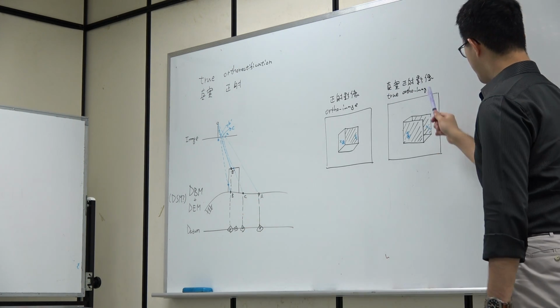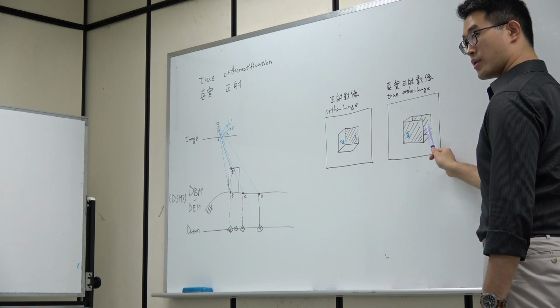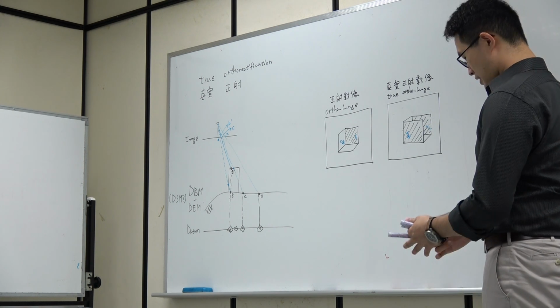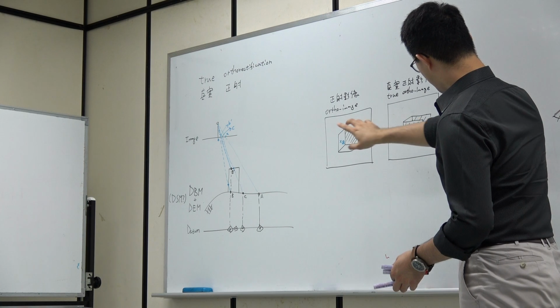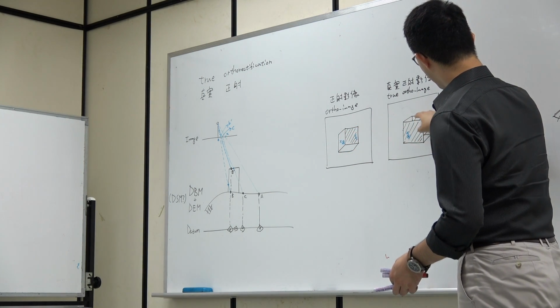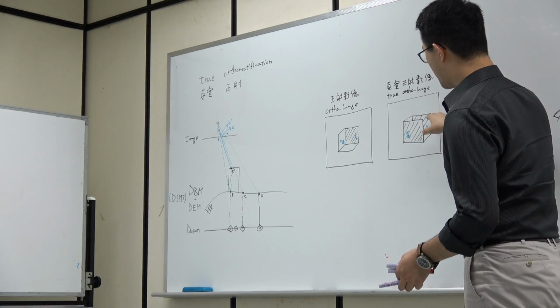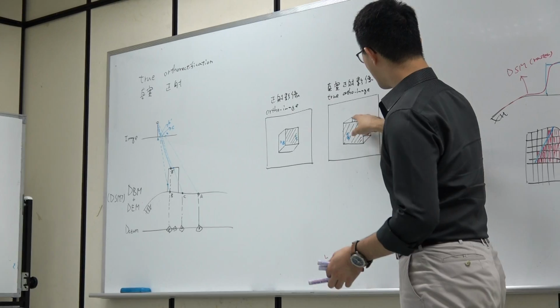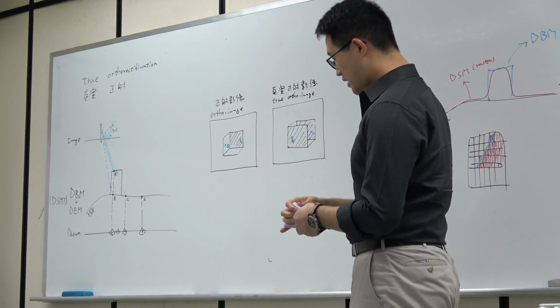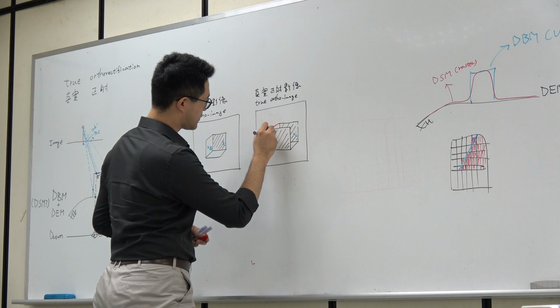And the true orthoimage that you will get looks like this. As you can see, the rooftop is corrected to the correct location over here. However, the rooftop will appear again for this covered region, or for this occluded region. Let me circle it with the red color.